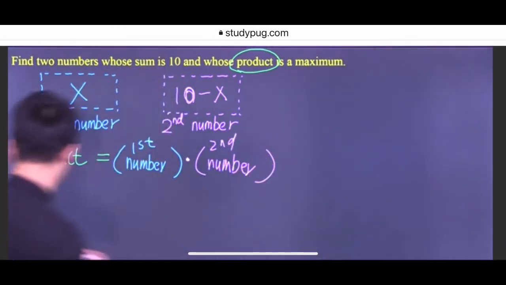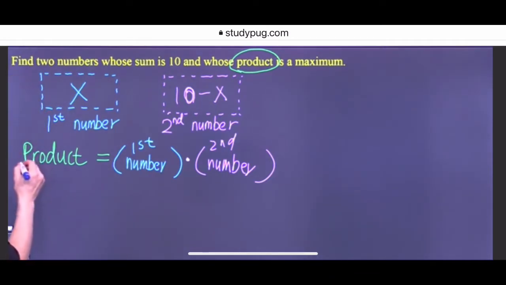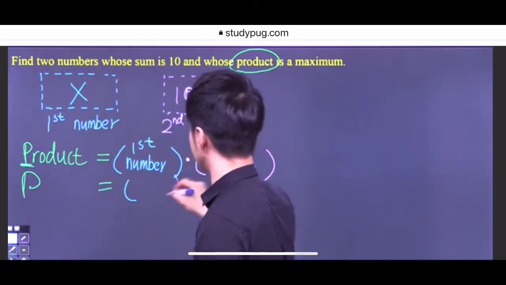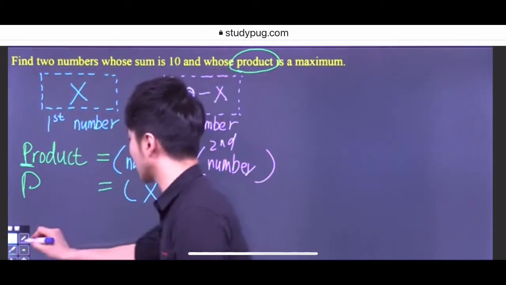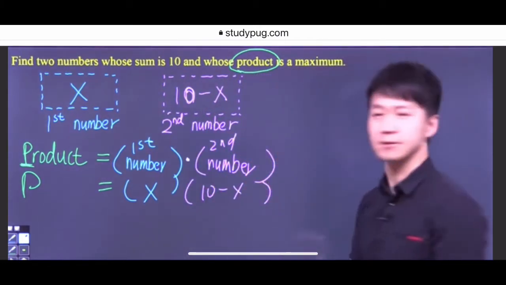That's the product. Now I'm gonna use the symbol P to represent product, okay? So product is equal to, the first number in this case is just x. And the second number in this case is 10 minus x, okay?